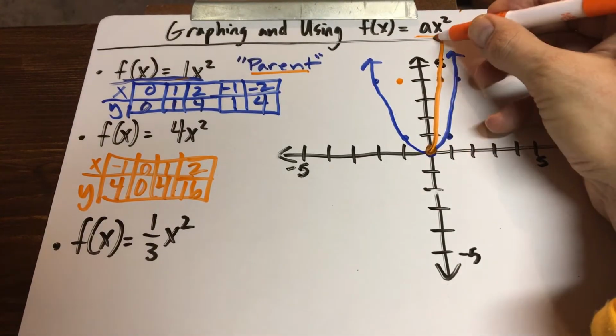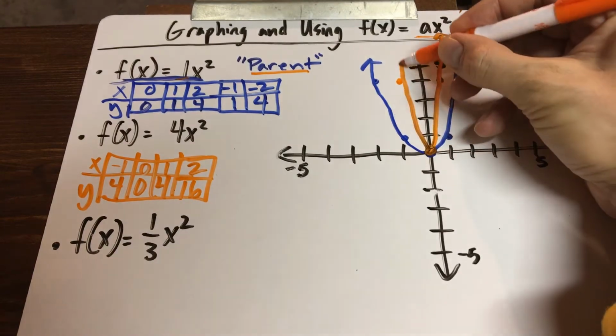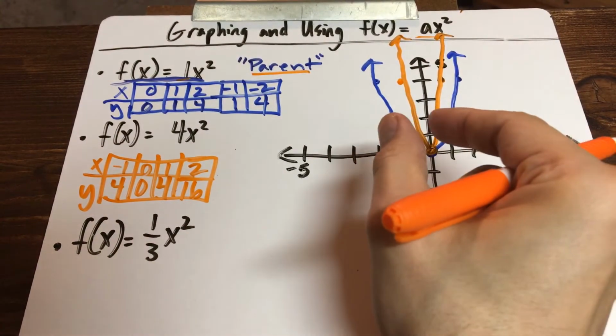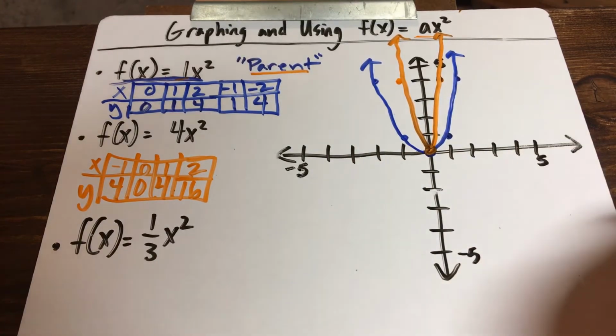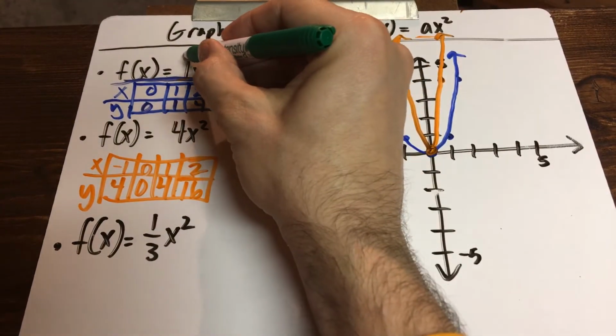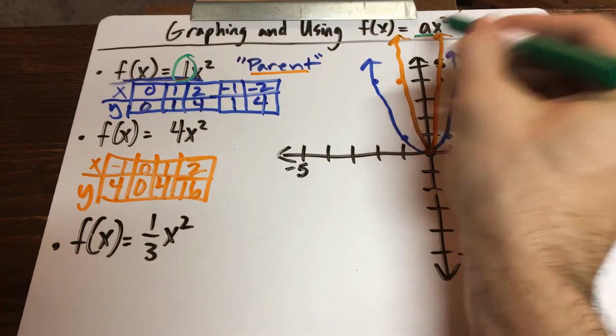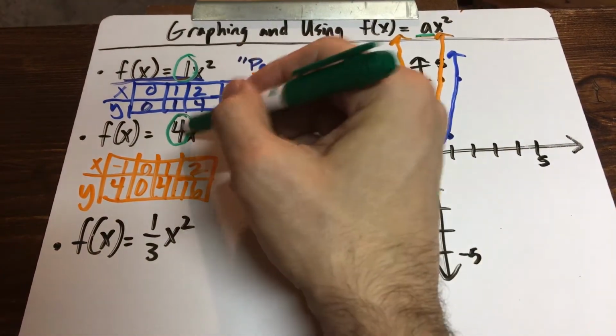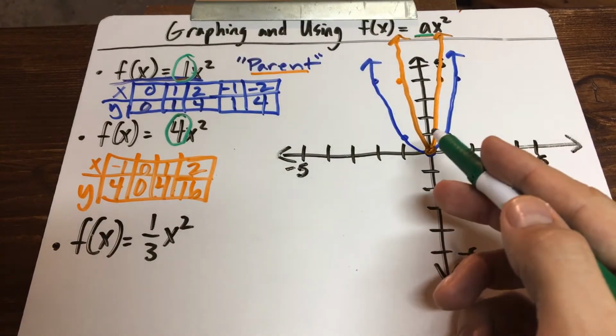Look how much tighter, compact this graph is compared to the last one, right? And that is because this number that's usually the slope, it's not technically the slope on these, but the coefficient, the letter a, whatever the coefficient on the x squared is, you see how we went from 1 to 4? And look what that did to our graph.